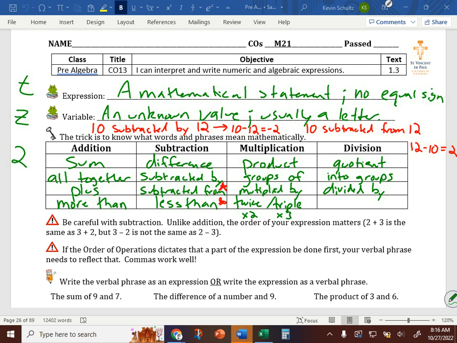Yeah, what word would mean to specifically divide by 2? Half of something, right? You take a half, you are specifically dividing by 2. Or if you take a third, you're specifically dividing by 3.